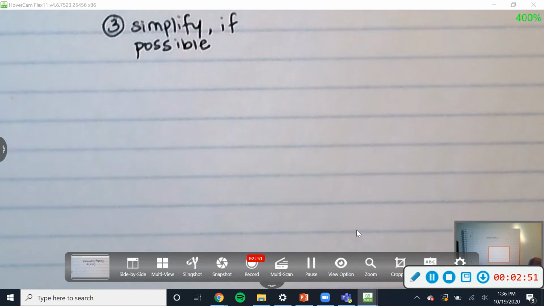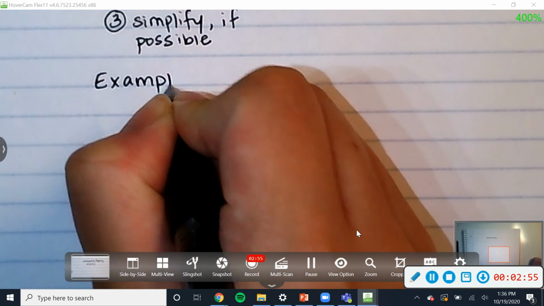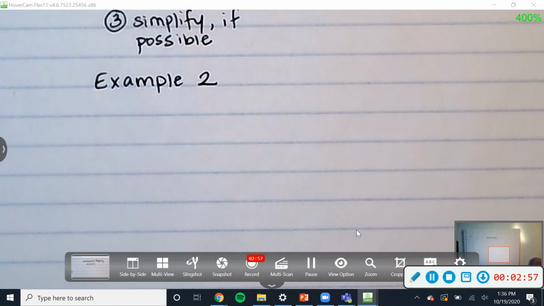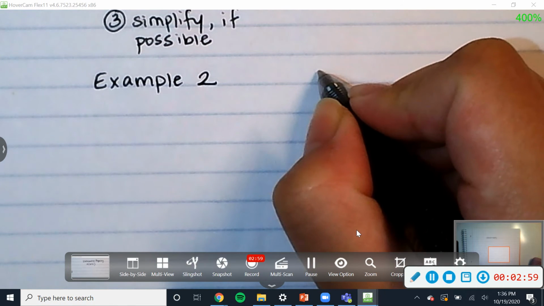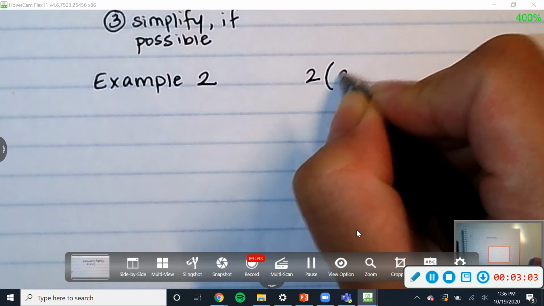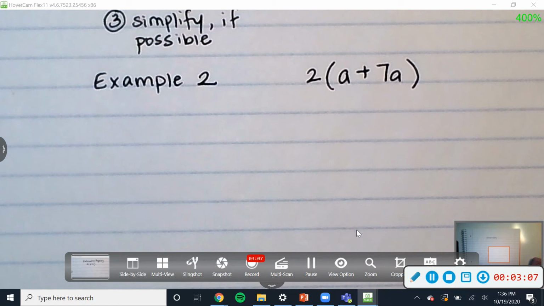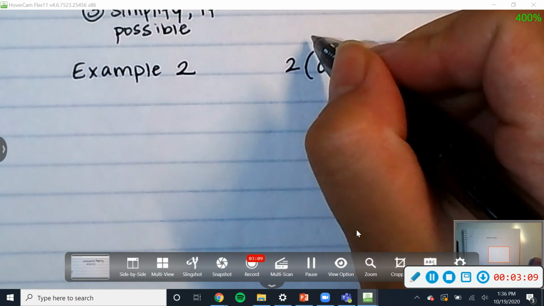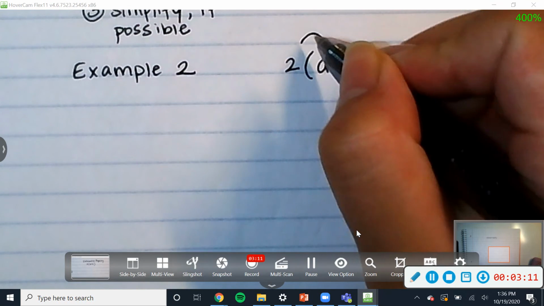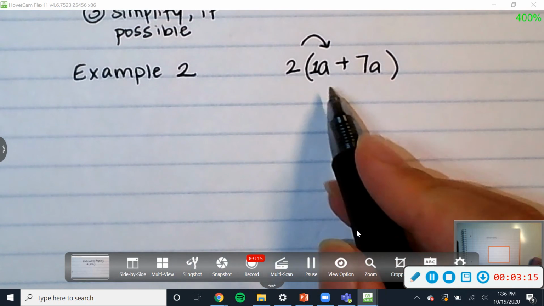So we're going to look at another problem now, following the exact same steps, just with a different problem. So my example number 2 is 2 parentheses A plus 7A. So same thing, I'm going to multiply the number on the outside, 2 times A. You can think about this as having a 1 in front.